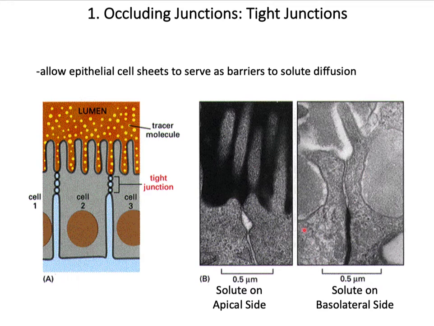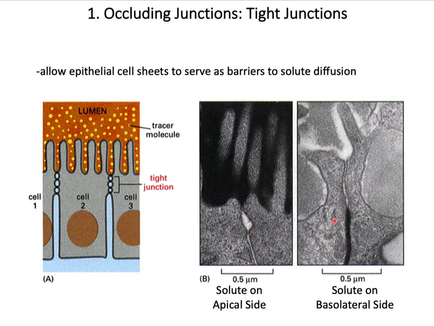In figure B on the right-hand side, if you put the electron-dense tracer molecule on the apical side of the epithelial sheet, you will notice a strong electron-dense signal on the apical side, but this tracer molecule cannot pass this tight junction over here and flow into the basolateral side.